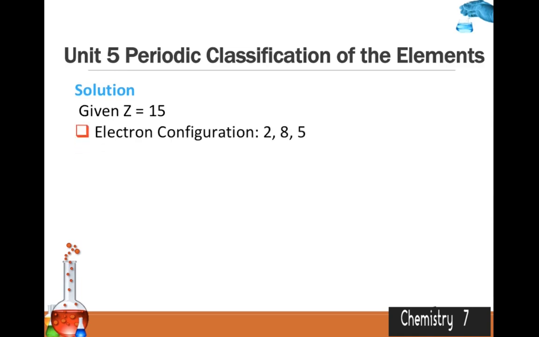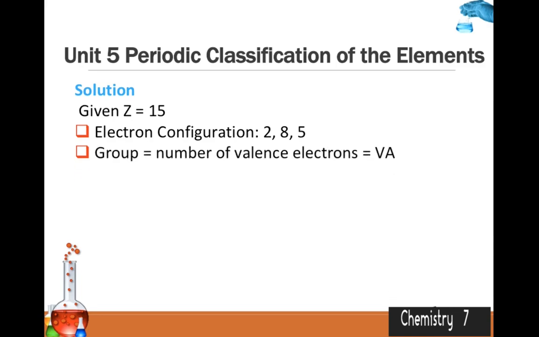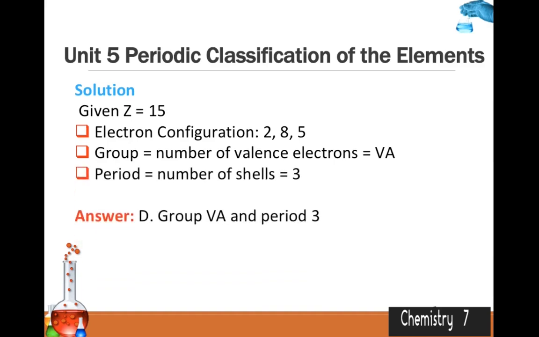Electron configuration is 2, 8, 5. The group is the number of valence electrons, 5. The period is the number of shells, 3. The answer is D, Group VIIA in period 3.